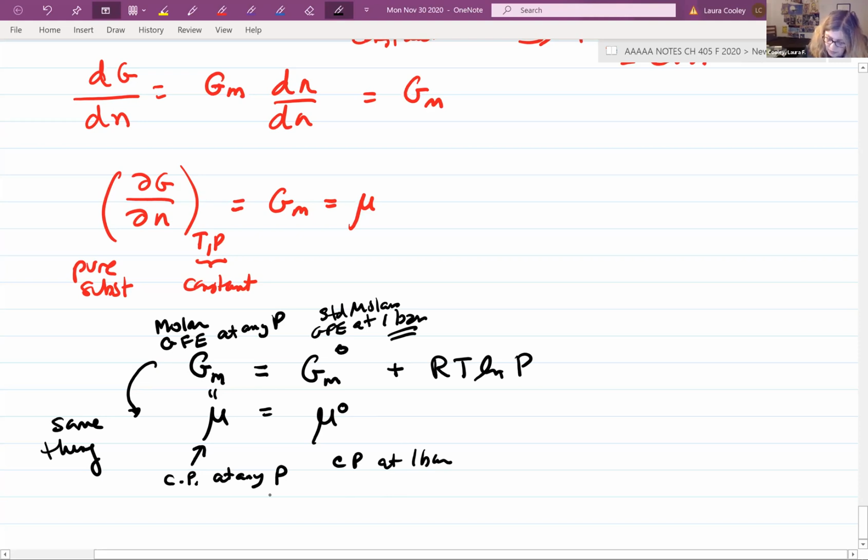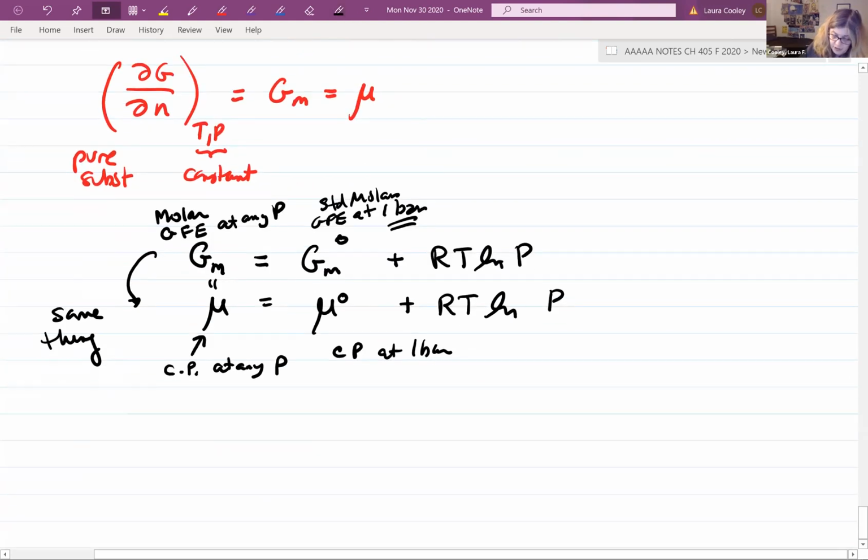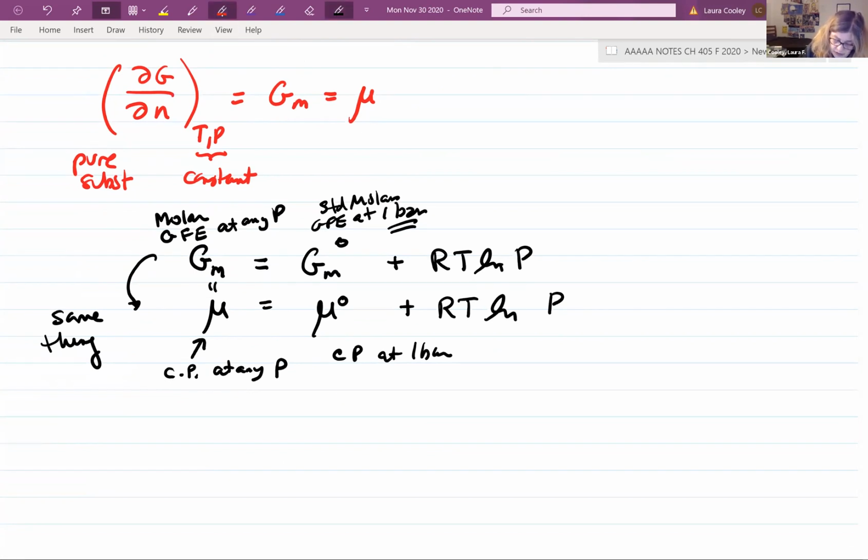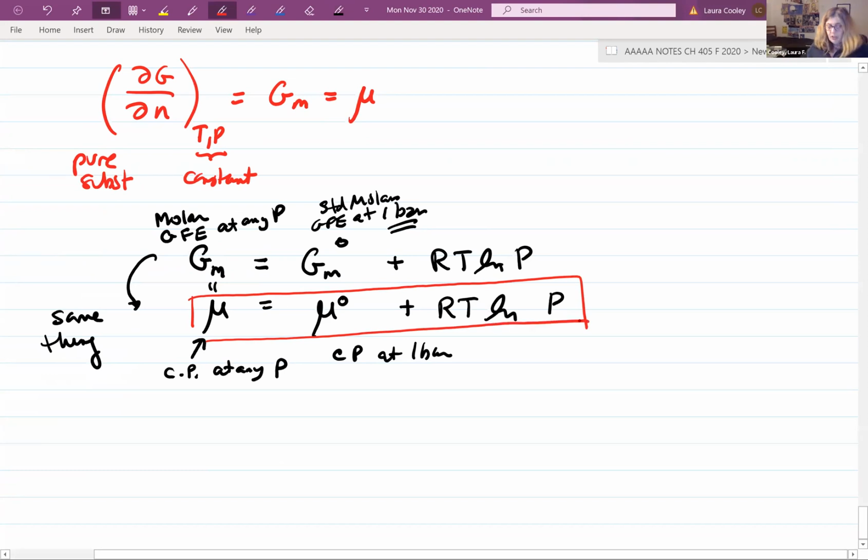Of course, it's mu naught at 1 bar plus RT log of P. And this is exactly the same. So we're going to use this one because this is the term that's used when we talk about chemical reactions.